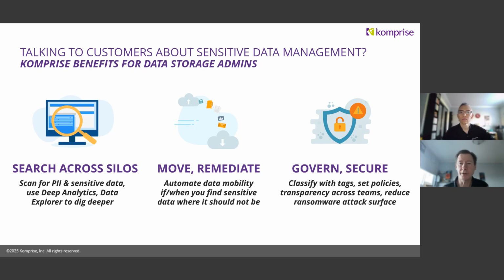That really starts to bring transparency across teams. We're seeing increasingly customers are starting to broaden the use of Komprise and make it part of their ransomware solution, right? To be able to reduce the attack surface because unstructured data is often the weakest link and the easiest way in. So governance, data security, especially increasingly this use case of ingestion, right?